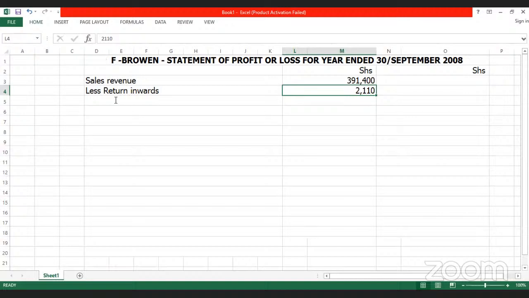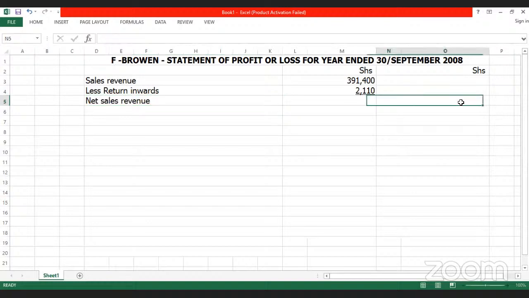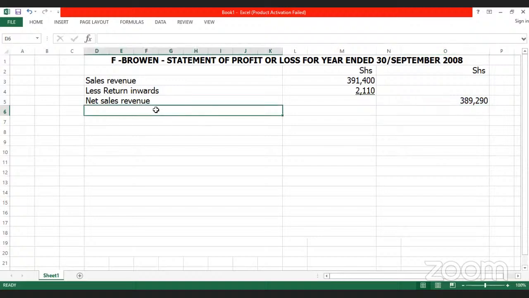So net sales revenue, which I can move to the last column, is this minus that. Is that okay? I'm getting my sales revenue, then we less the returns that were made.